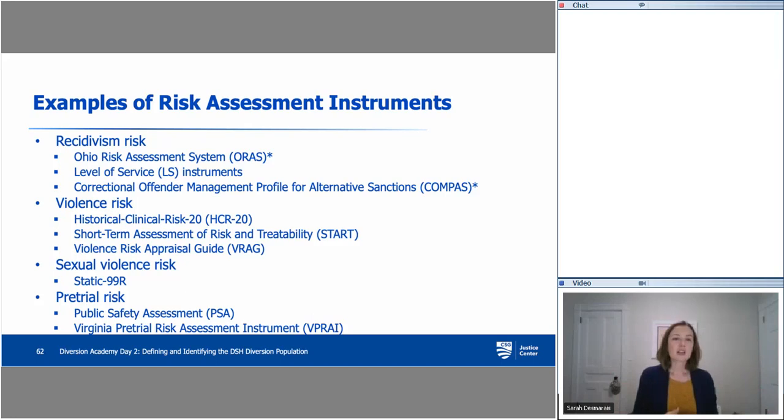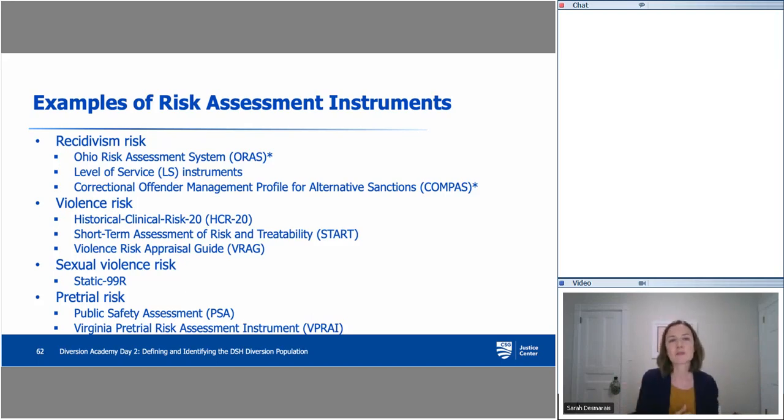Other instruments focus specifically on violence risk. Those are going to be forecasting violent behavior that doesn't necessarily fit within, but could fit within, the criteria of violent felony. So they're really focusing on the nature of the behavior itself as opposed to an offense category.